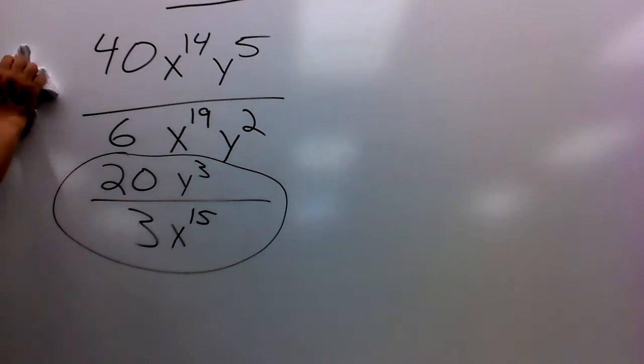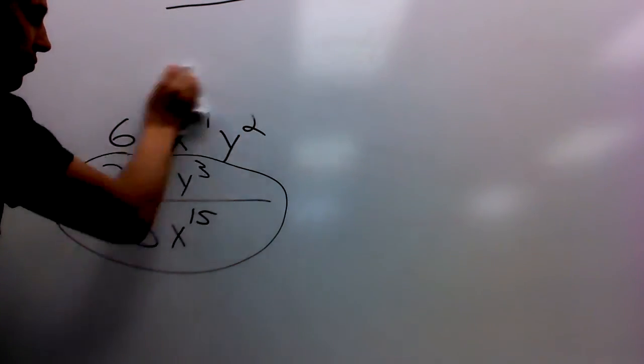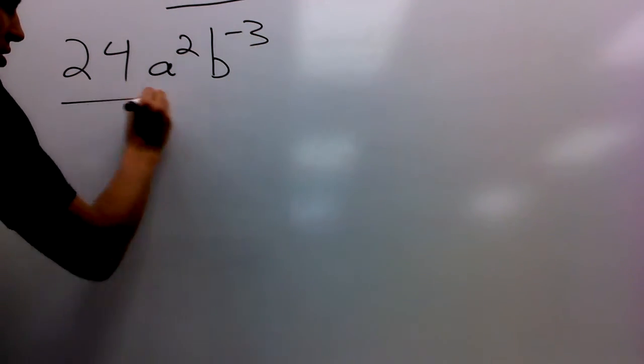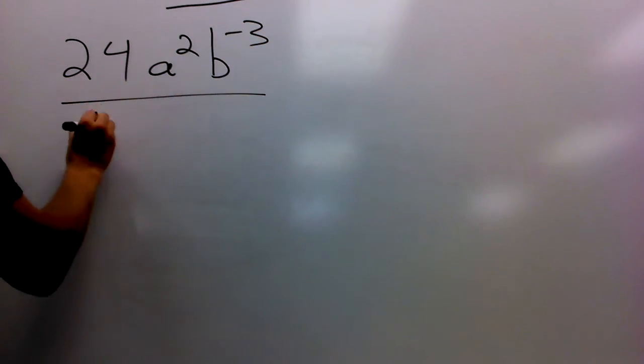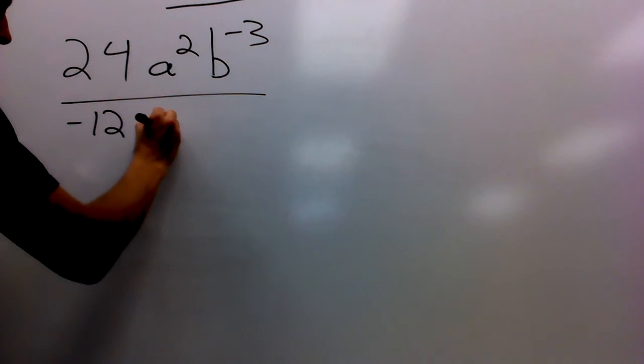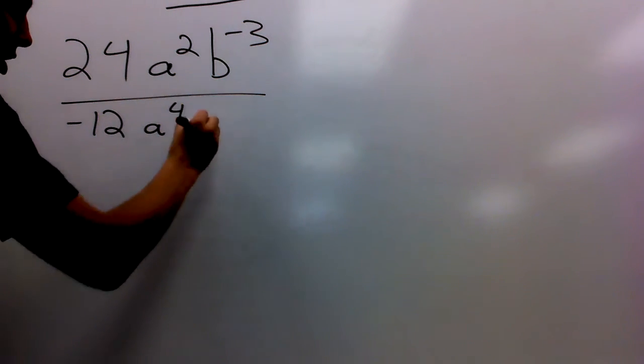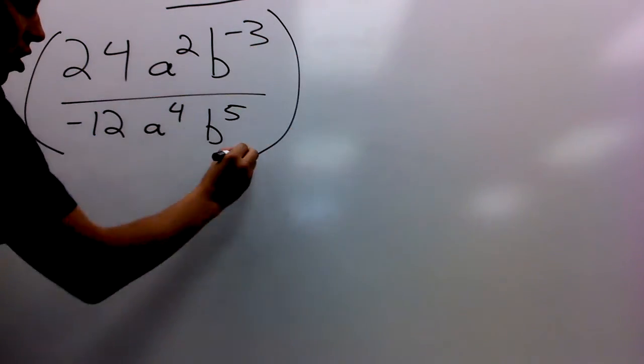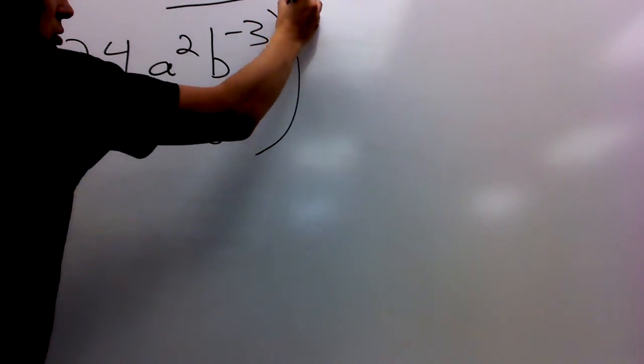Last one. 24a squared b to the -3rd over -12a to the 4th b to the 5th, and that's all being squared.